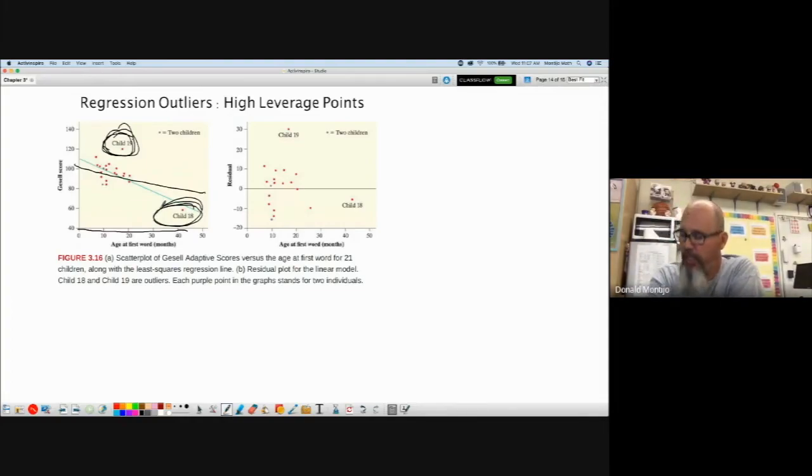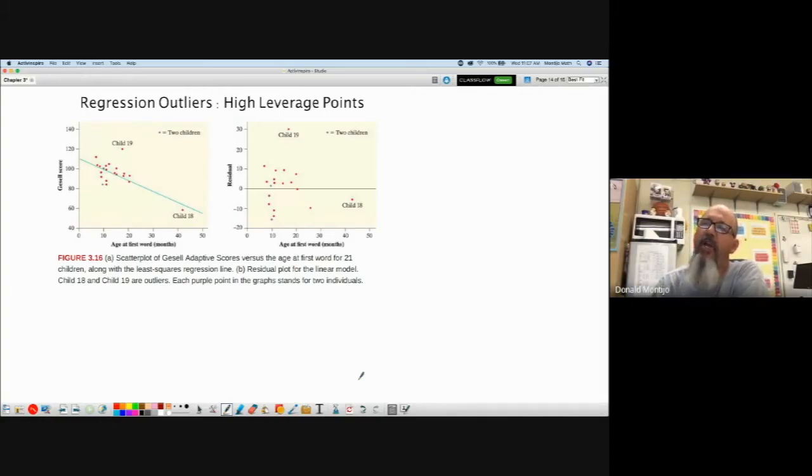And this also talks about something we haven't referred to before. What if two data points have the same value? How would we show that? They would use a different color or a different symbol. In this case, the two purple points represent two individuals with the exact same value.